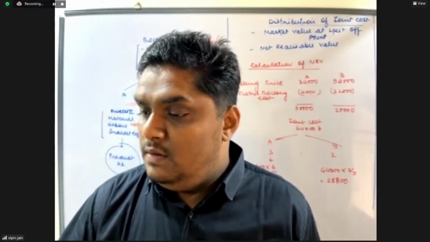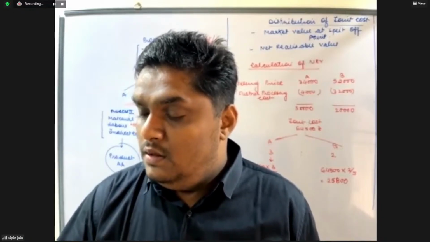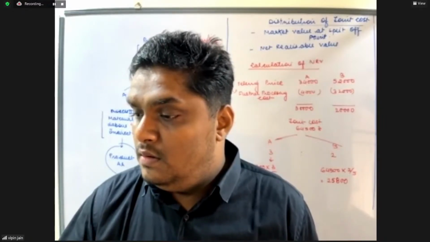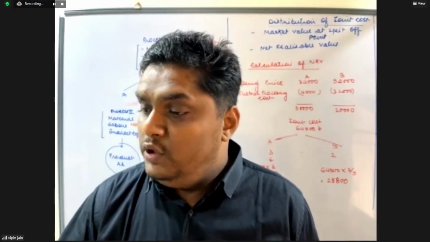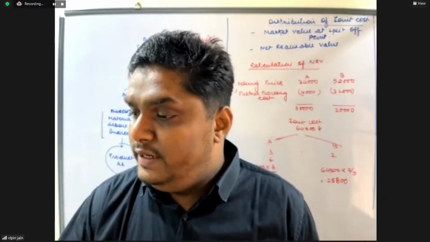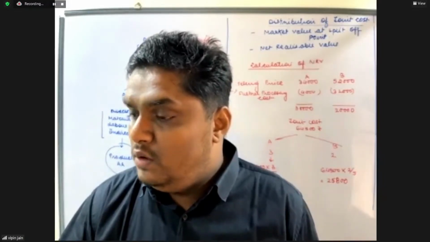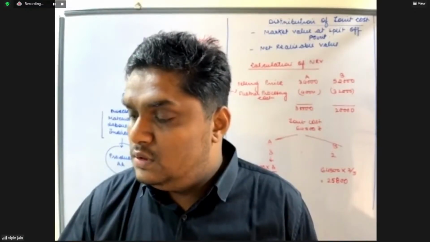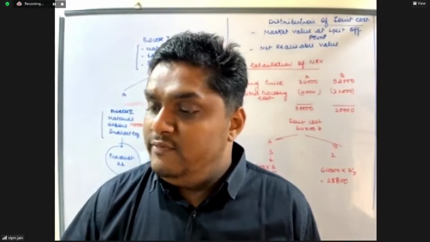Very good, Miss Muhatia. I'm not getting what you are asking, Vaishali. Sir, net realization value of product A and B cost is more or less than process one total cost. I'm not getting what you are saying, Vaishali.